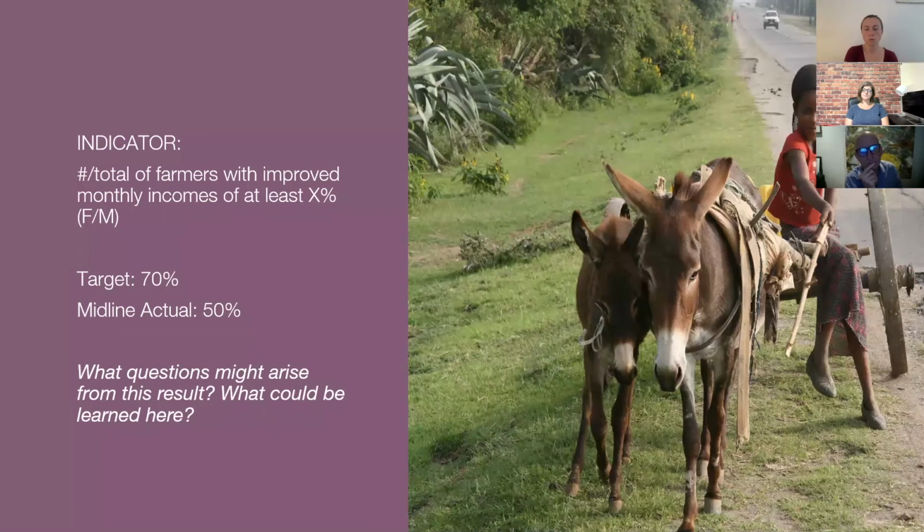So these are some of the questions, like, do you think you'll be able to achieve it? Is it achievable? Do you want to revise? What are the corrective measures that you can take so that you're able to achieve?